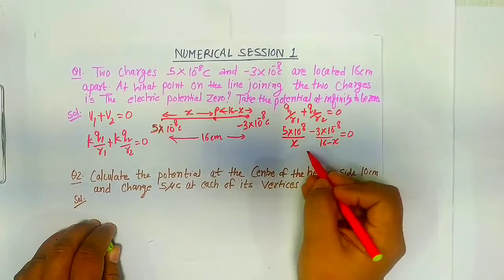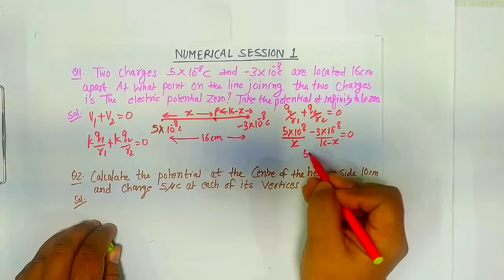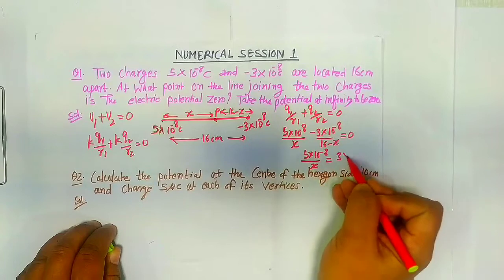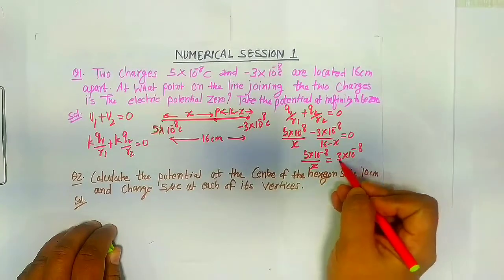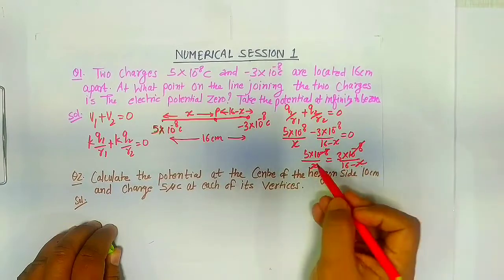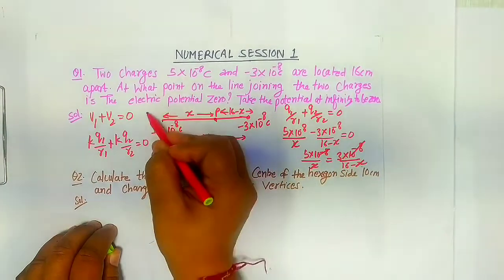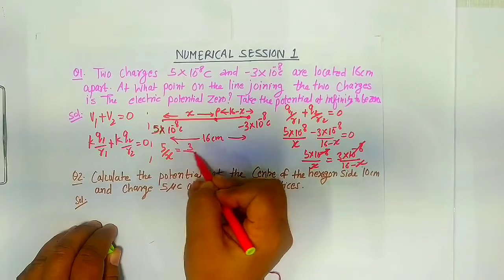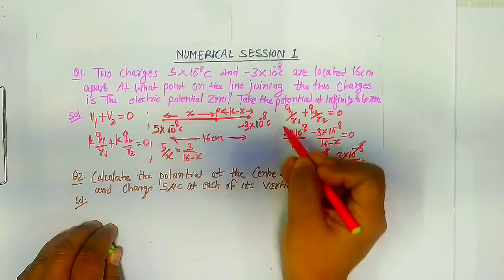So we take it on this side: 5 into 10 to the power minus 8 by x equals 3 into 10 to the power minus 8 by 16 minus x. Then 5 by x equals 3 upon 16 minus x.